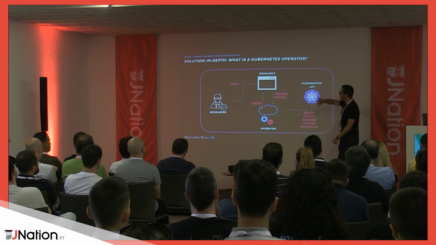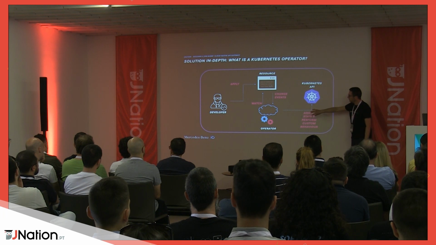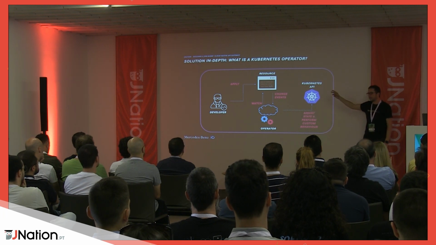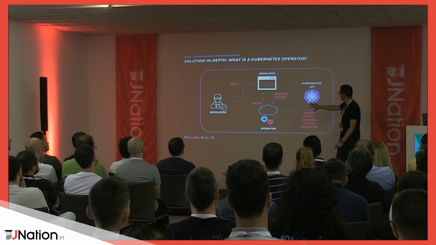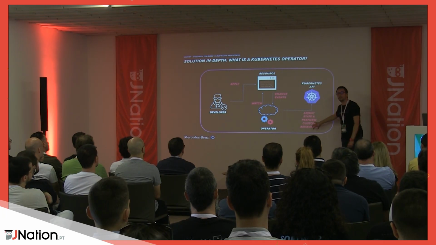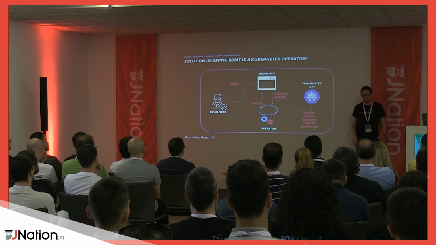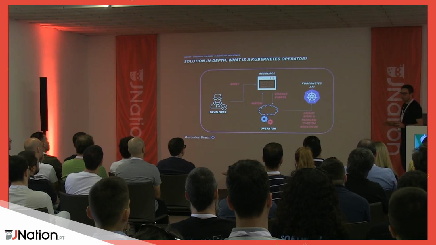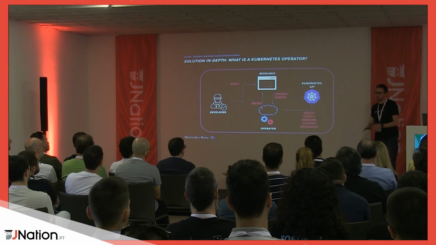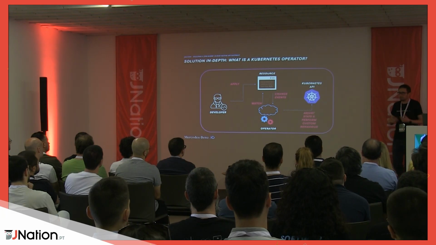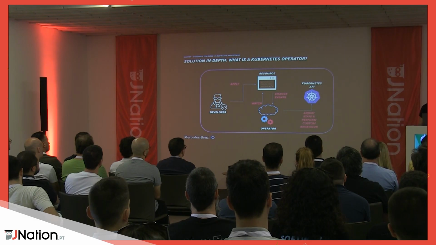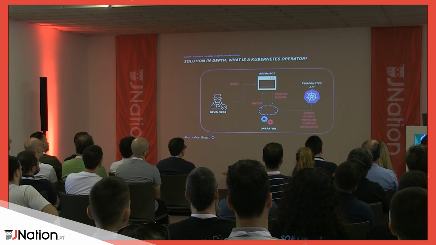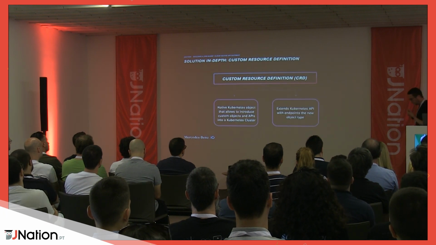Once a developer applies a resource on the cluster, the operator is listening for change events, so it's watching resources of that type, and is able to automatically perform any custom behavior and adjust the state if needed. So it works on a cycle. Also worth mentioning, an operator is like any other service that you can deploy in your cluster. It's an application running in your cluster just like any other, with some specific details that you need to take into account. But generally speaking, it's like any other application.